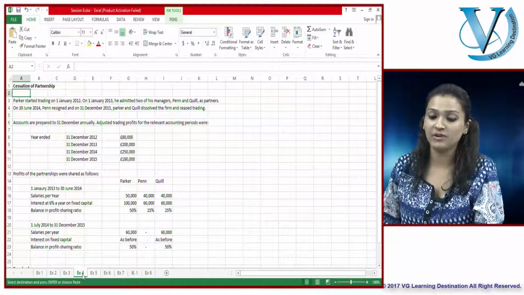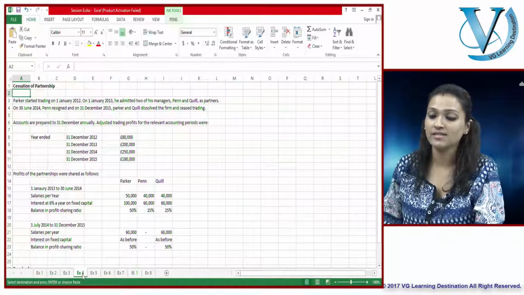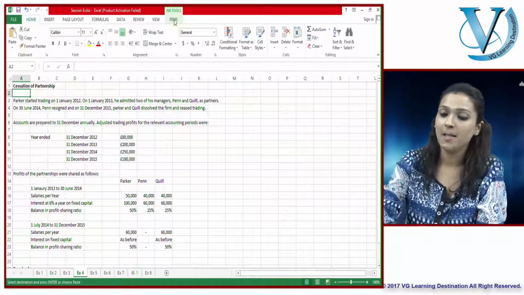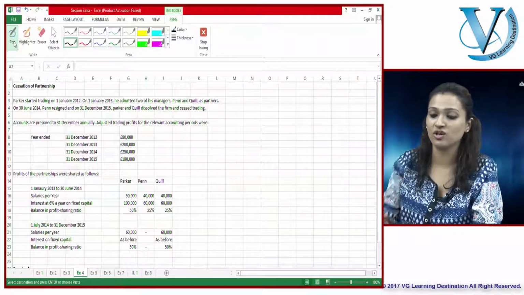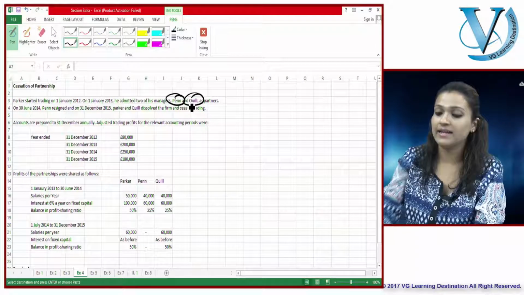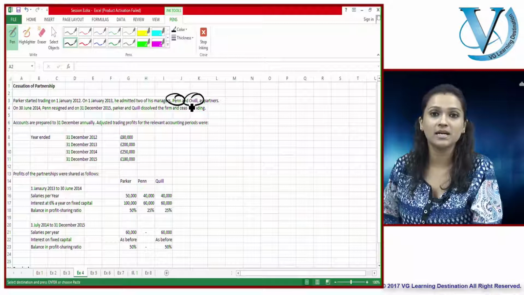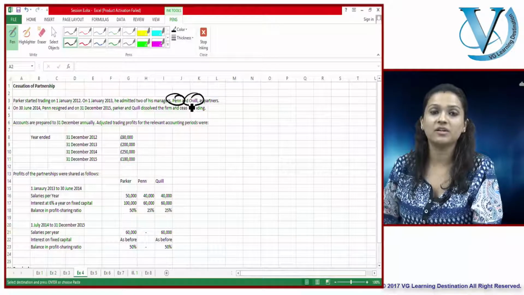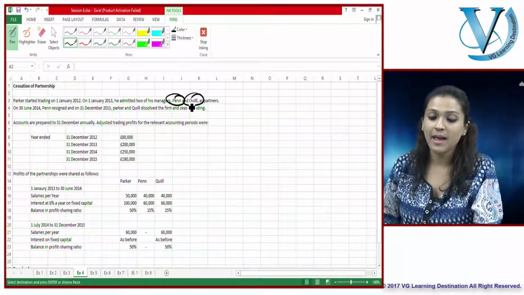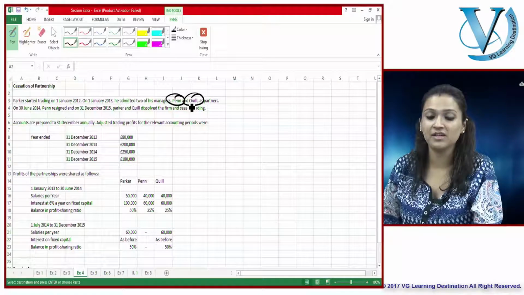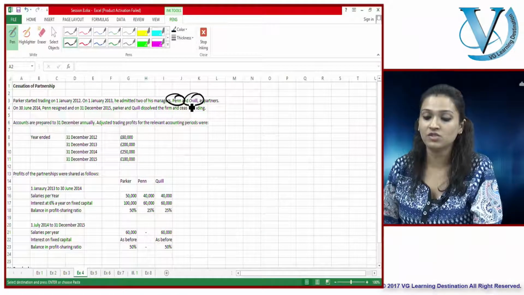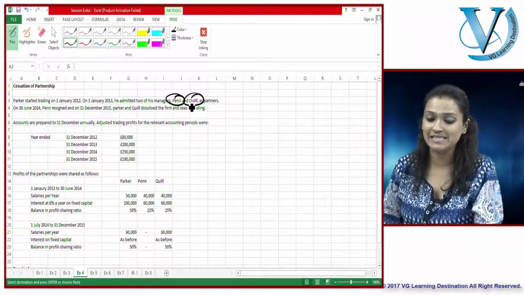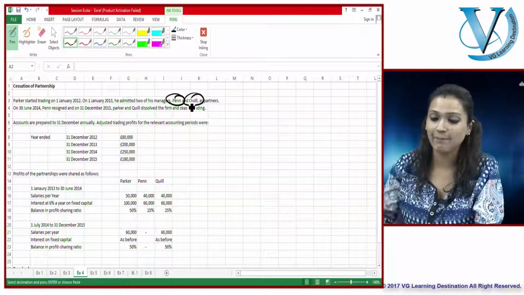On 1st of January 2013, he admitted two of his managers, Penn and Quill, as partners of the firm. On 30th of June 2014, Penn resigned, and on 31st of December 2015, Parker and Quill dissolved the firm and ceased trading.